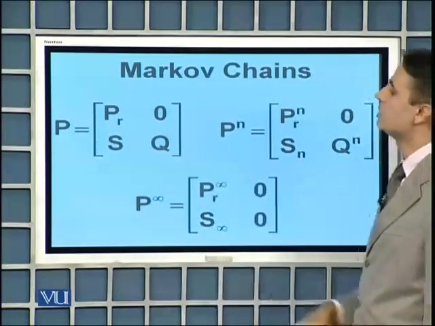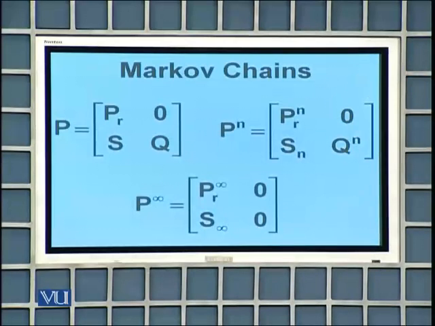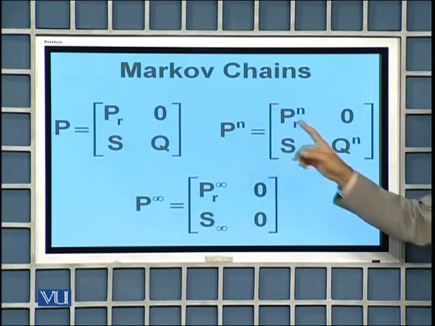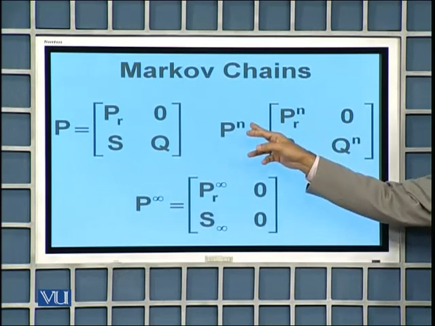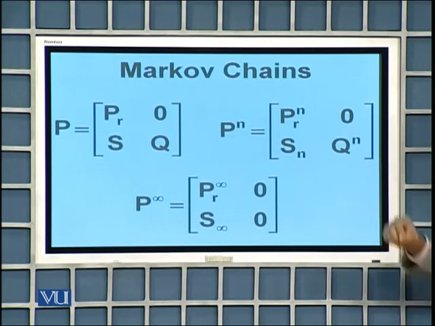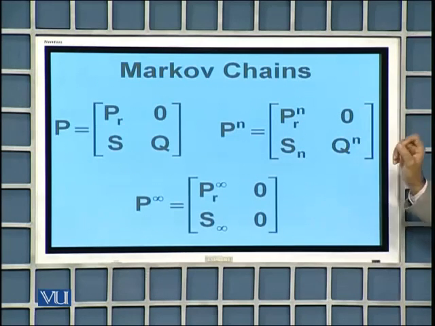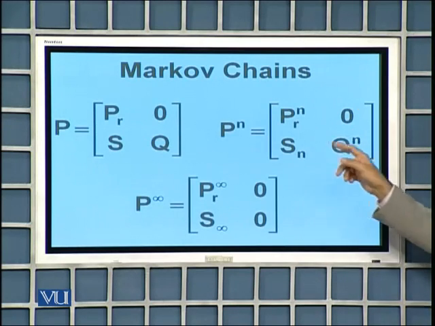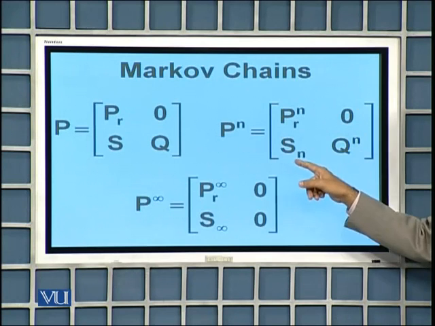Q represents the submatrix for transitions between transient states. So if we have partitioned this P into these 4 matrices, we can find higher powers of P, shown as Pn, and they are going to be PR raised to power n. Here we will have 0, and here we have Q raised to power n. Here we have something different.